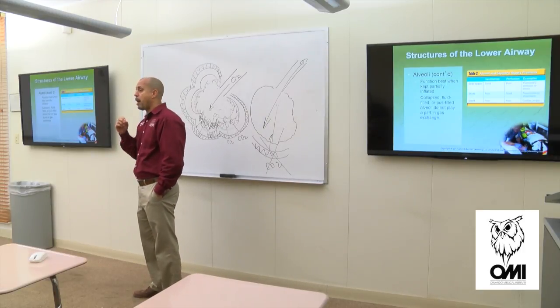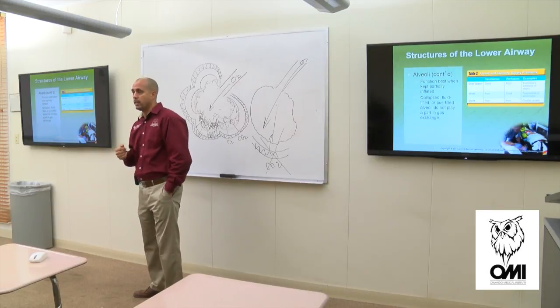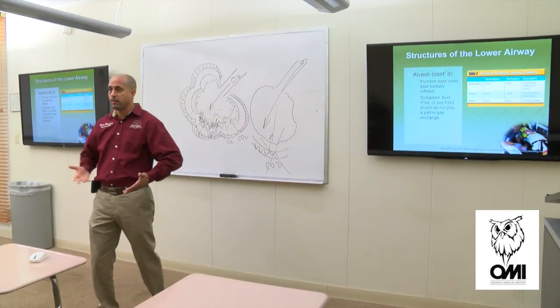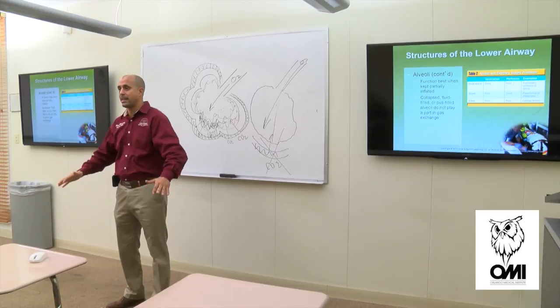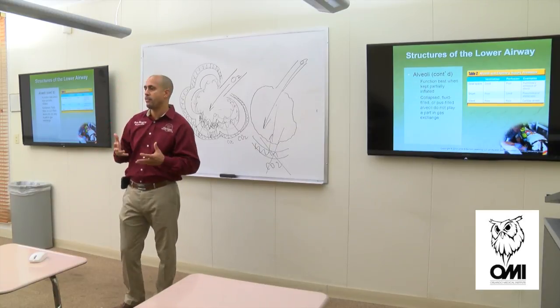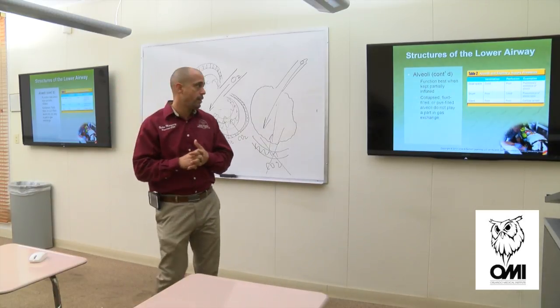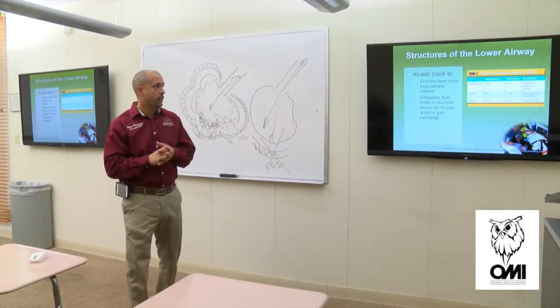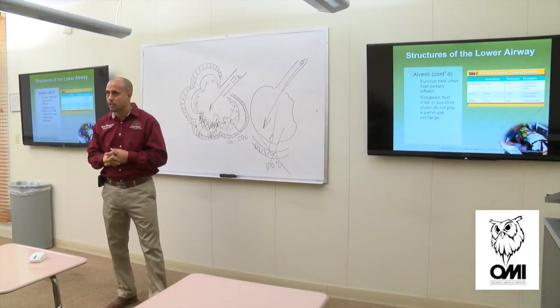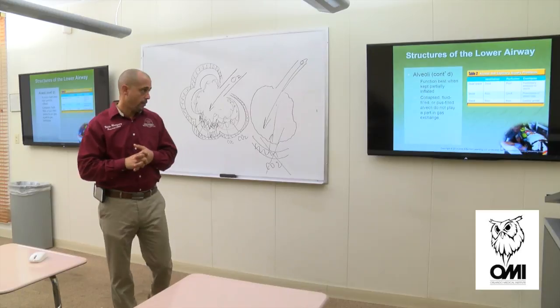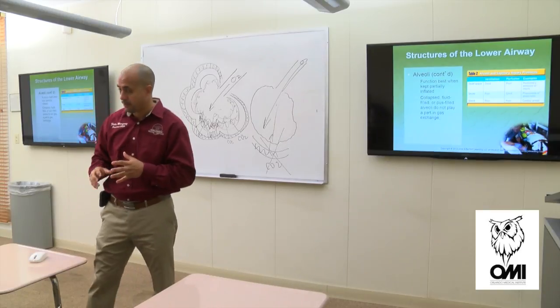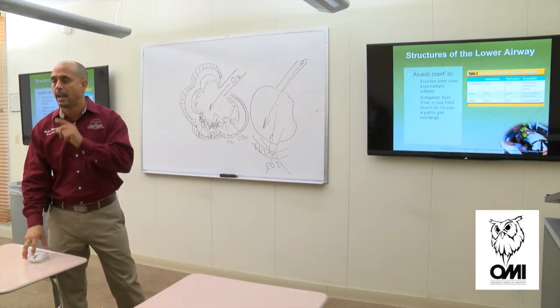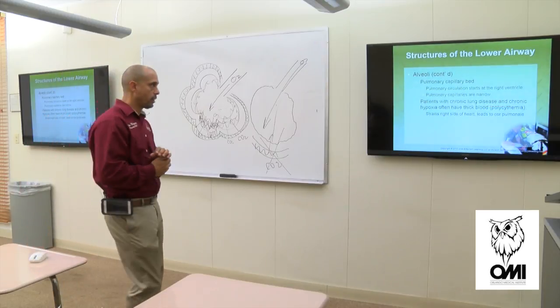But we need it. The problem with surfactant is it can be washed away. Somebody has pulmonary edema, that fluid coming into the alveoli and going back can wash away surfactant, so it can destroy the alveoli. It can collapse them. If it fills with pus from something like pneumonia, it could also destroy the surfactant, and we have big problems. Now we destroy that surfactant, it doesn't stay partially open, and we can't have the exchange of gases that we're looking for.